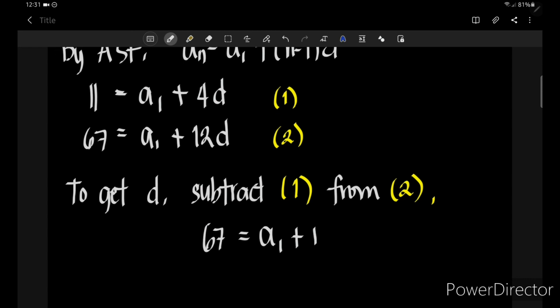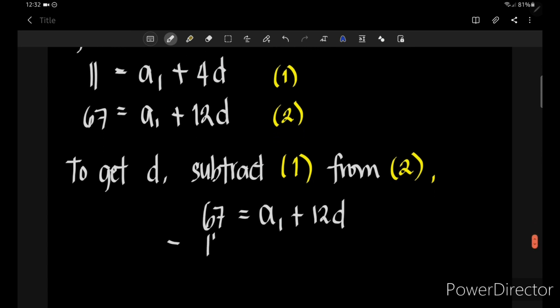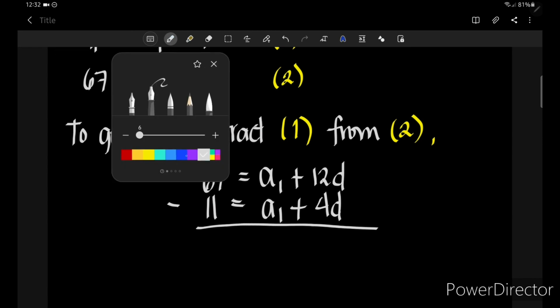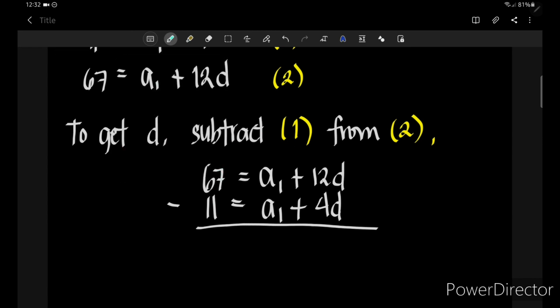So, that's 12d, minus 11 equals a sub 1 plus 4d. Now, makikita natin na magkakaroon tayo ng 67 minus 11, and that is equal to 56. The a sub 1 cancels. 12d minus 4d is 8d.